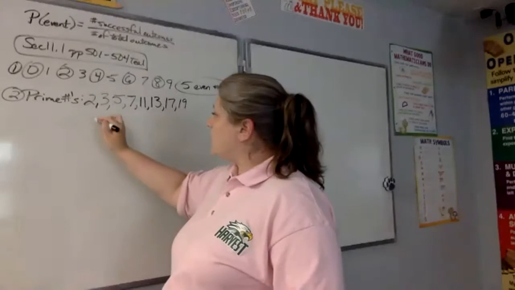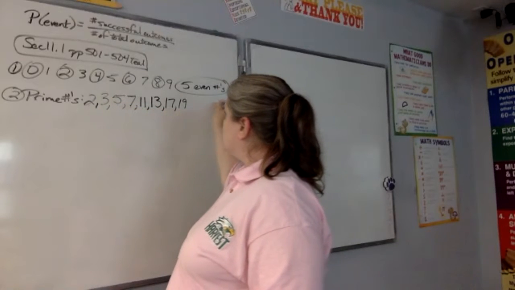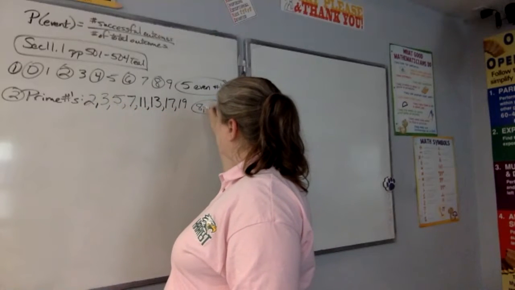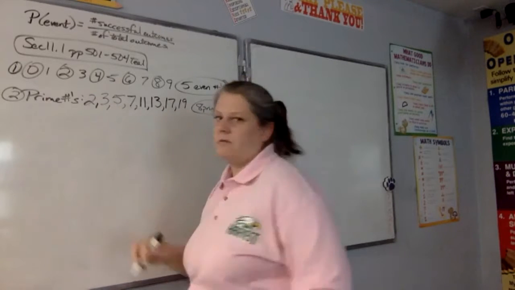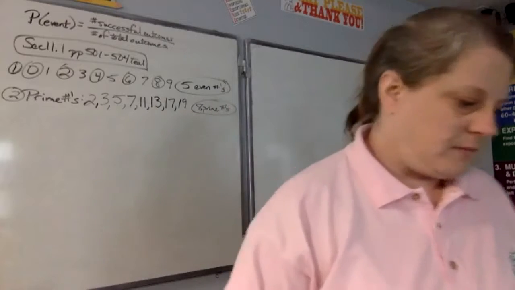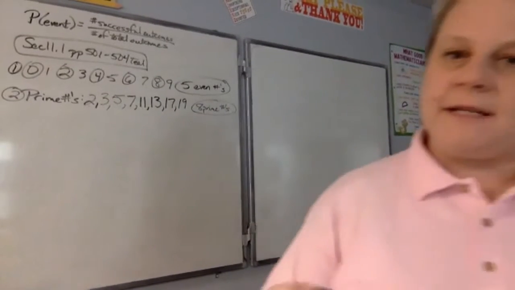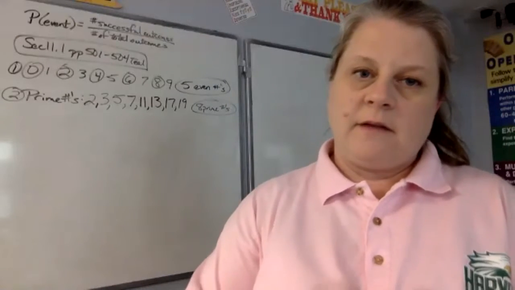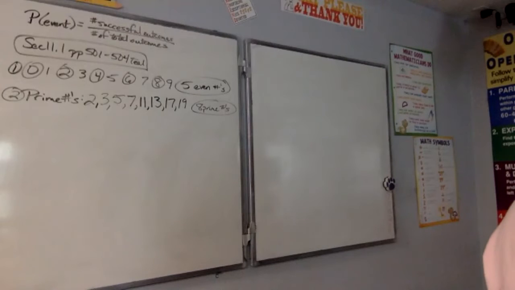So how many primes are there? 1, 2, 3, 4, 5, 6, 7, 8. 8 prime numbers. Because it said from 1 to 20, that's why I stopped at 19. So pretty easy. Find the different possibilities.